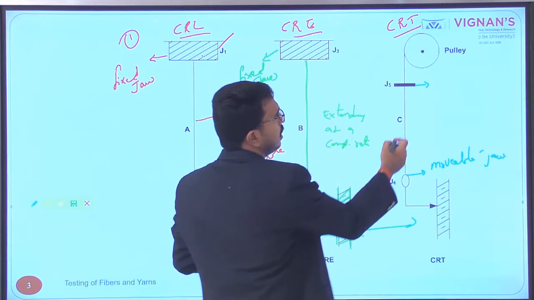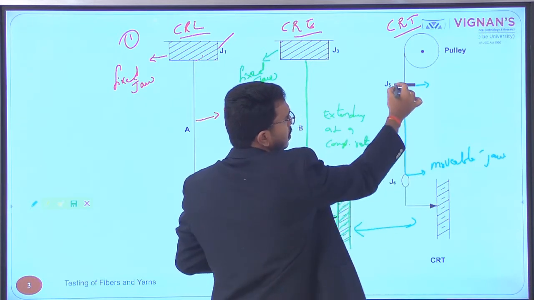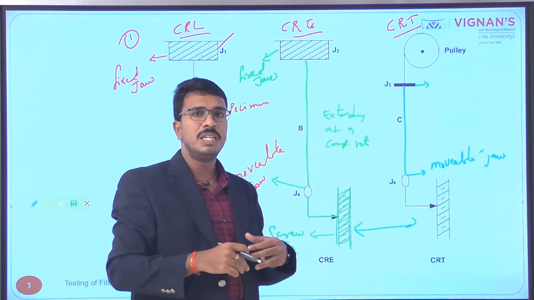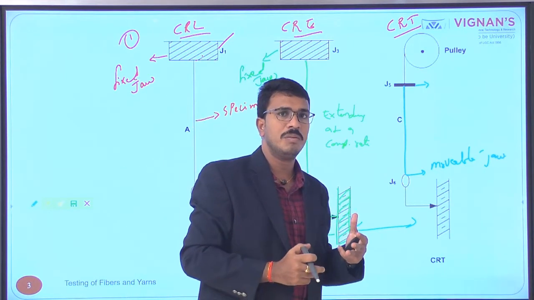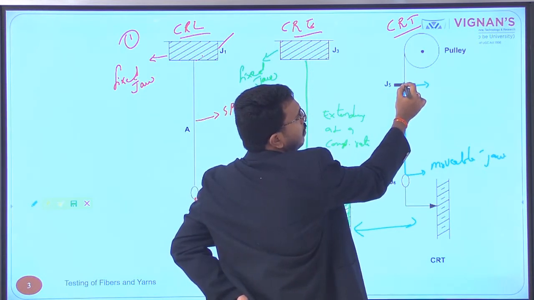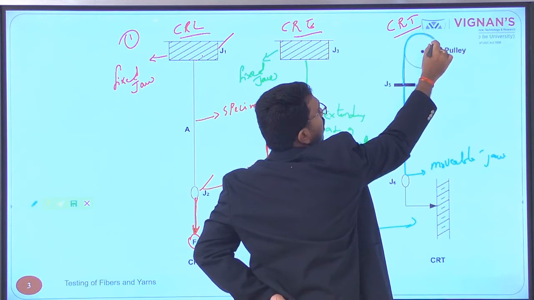But as usual we are mounting the specimen in between the jaws J5 and J6. J5, we cannot say is a fixed jaw, and this J5 is connected with a strap onto a pulley.